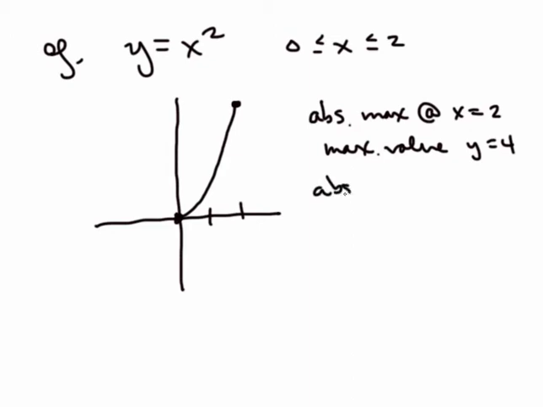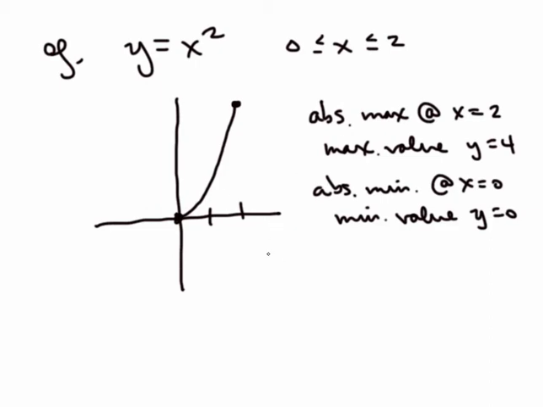The absolute minimum, the smallest value that this takes on, is at 0, and the minimum value is y equals 0. So if somebody asks me, what are the extreme values? The extreme values are the minimum value and the maximum value. So here the extreme values would be 0 and 4. It's kind of like the lowest and the highest that the function gets.